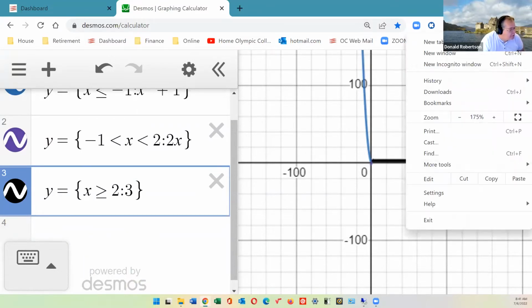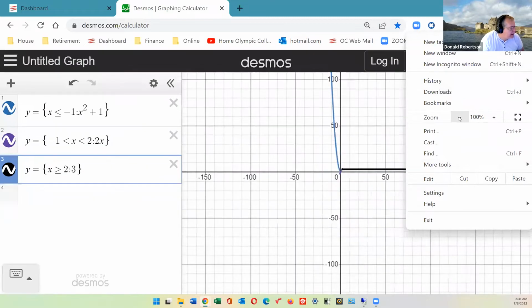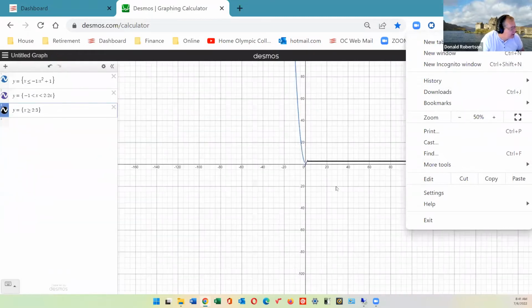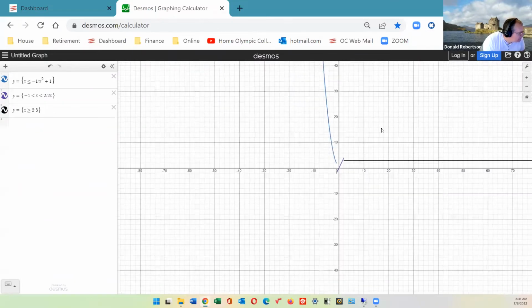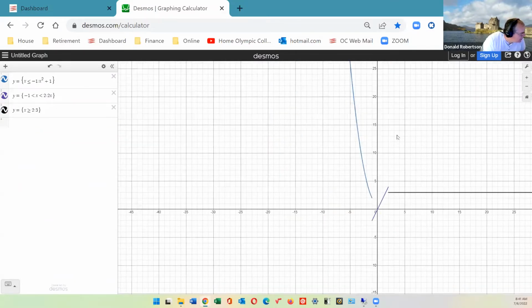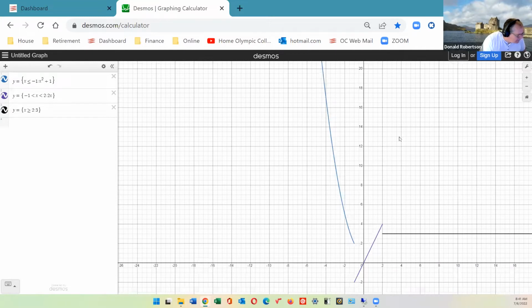And I'm now going to shrink this back and zoom in. There. Now, can you see the piecewise function a little bit clearly? Can you see it's really got 3 separate bits to it?